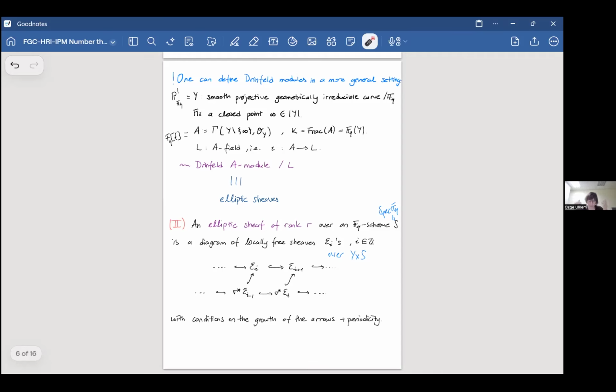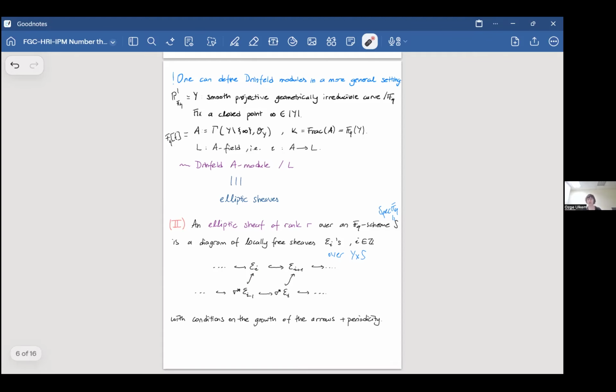When someone says elliptic sheaves, you can think of a vector bundle with finitely many modifications around infinity. And if you forget the modifications, if you look at these locally free sheaves, vector bundles away from infinity, everything is basically the same.